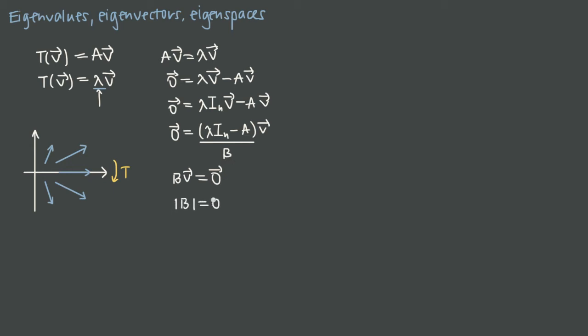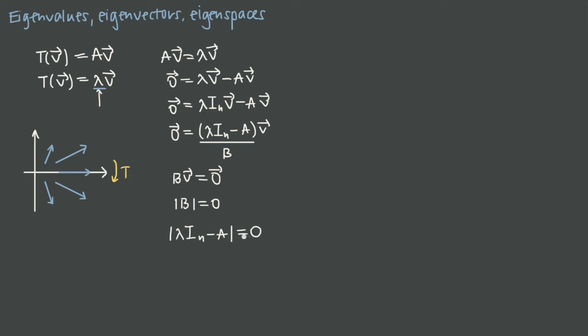So the determinant of B is going to be 0, which means that we can say that this equation up here is only going to be true for non-zero vectors v when the determinant of lambda times the identity matrix minus the matrix A is equal to 0. When that determinant is 0, we're going to have non-zero eigenvectors. So this right here is really the formula that we're going to use to find our eigenvalues. Then from our eigenvalues, we'll be able to get our eigenvectors.